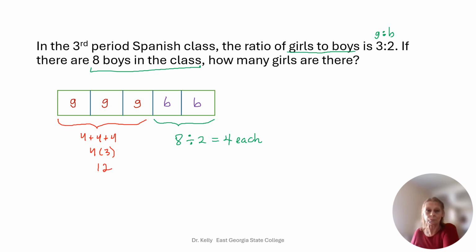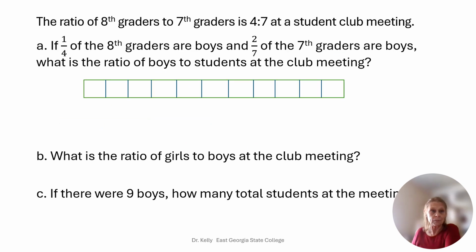Okay. All right. The ratio of 8th graders to 7th graders is 4 to 7 at a student club meeting. Now we're going to answer some questions here. The first part of the question says, if a quarter of the 8th graders are boys and 2/7 of the 7th graders are boys, what's the ratio of boys to students at the club meeting?